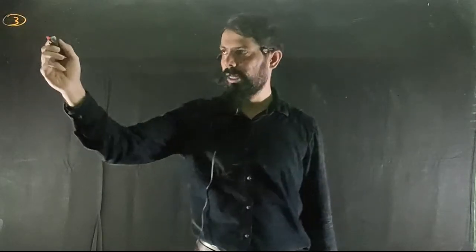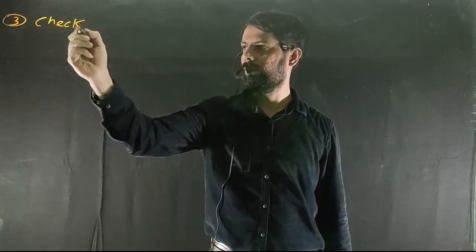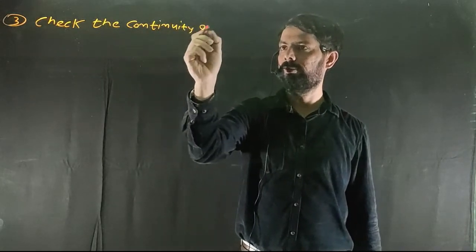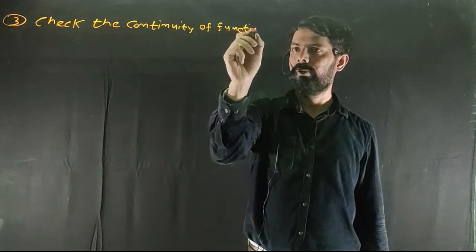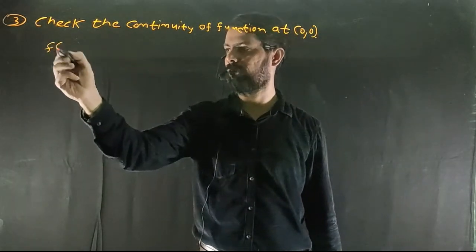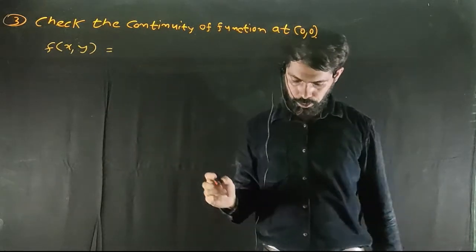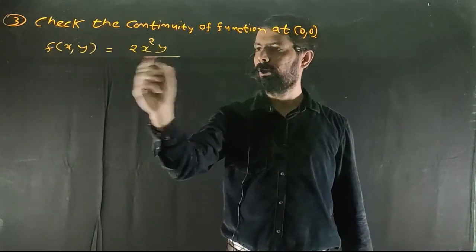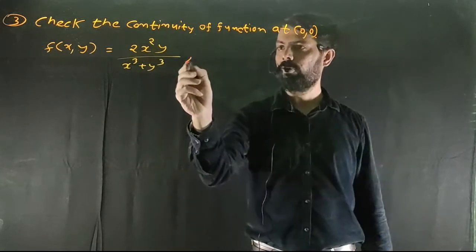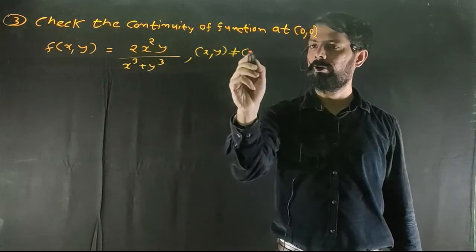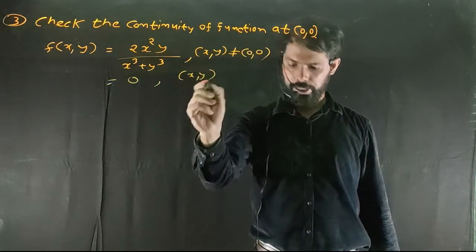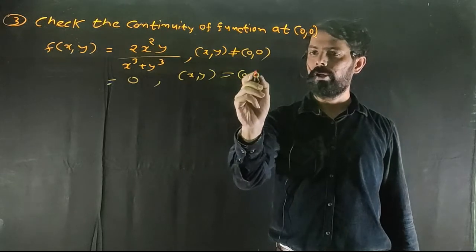Check the continuity of the function at the origin, that is (0, 0), where the function is f of (x, y) equal to 2x square y divided by x cube plus y cube for (x, y) not equal to (0, 0), and the function is 0 for (x, y) equal to (0, 0).